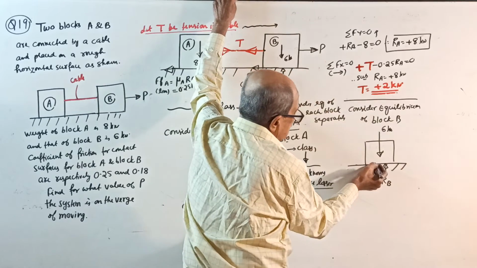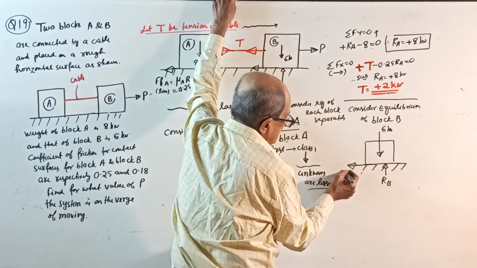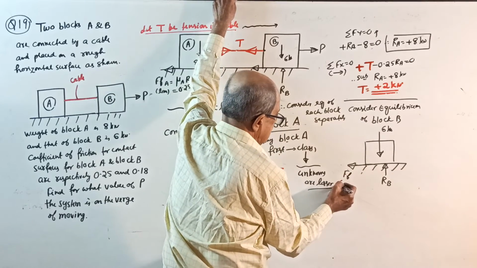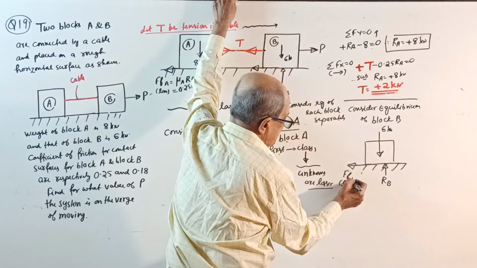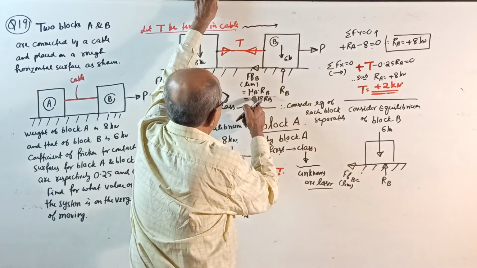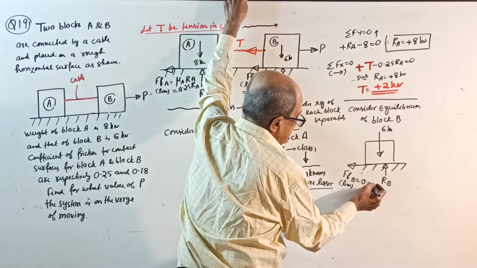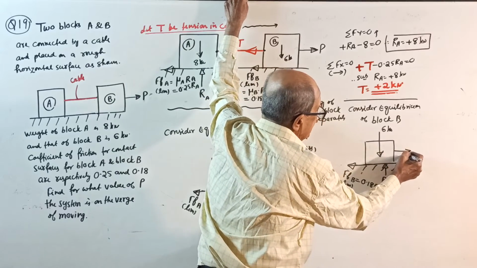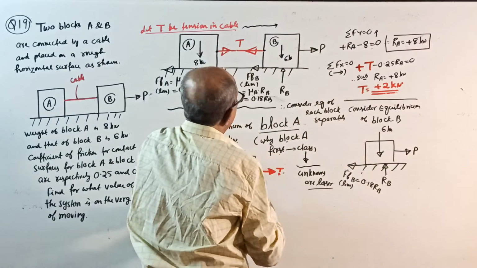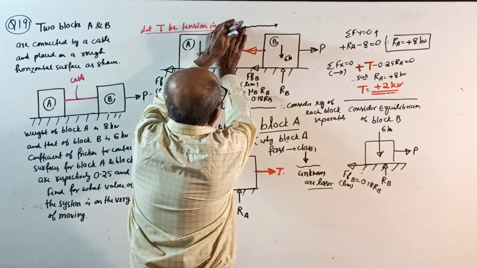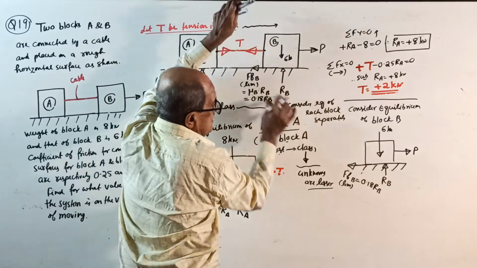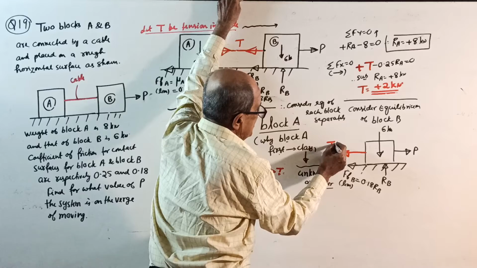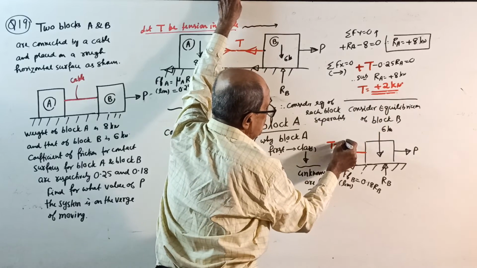A friction force on the left side, FF limit for block B, equal to 0.18 into RB, and there's a force P here, and a tension force T here, but actually your T is known, equal to 2 kilonewton.